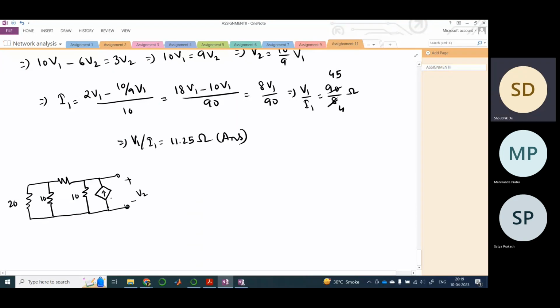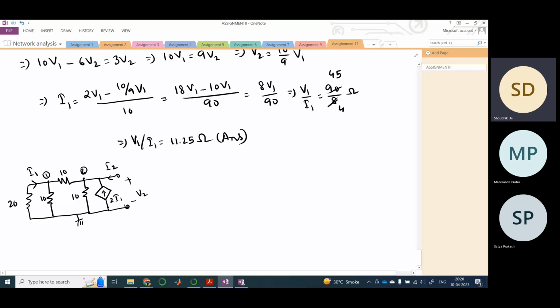So this is V2, this is 2I1, this is I2, this is 10, and here this is I1, right? So this is I1, okay, and this is port number 2, going by the same convention. This is node 2, node 1, this is ground.